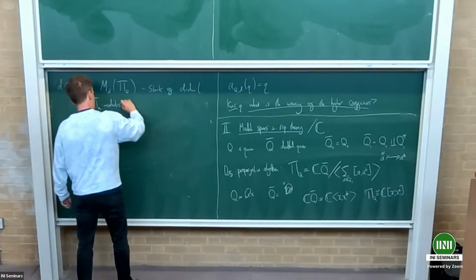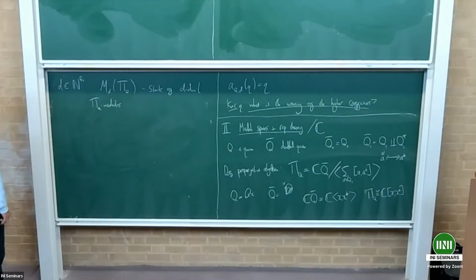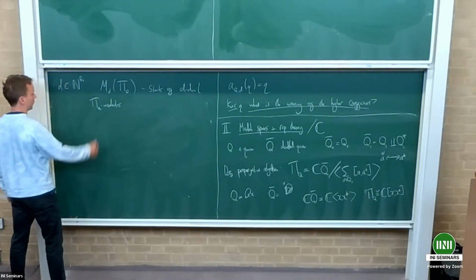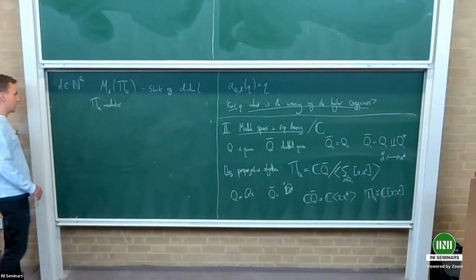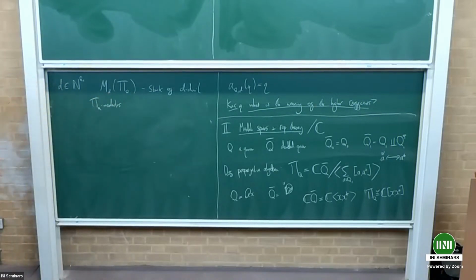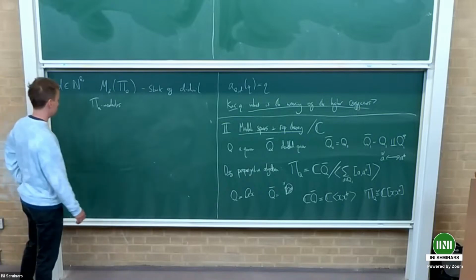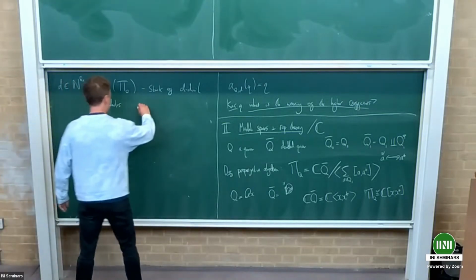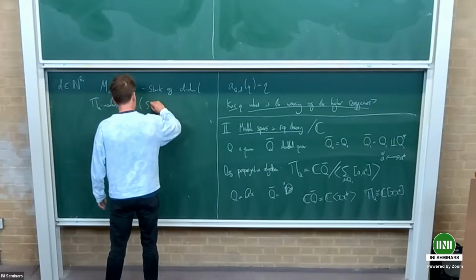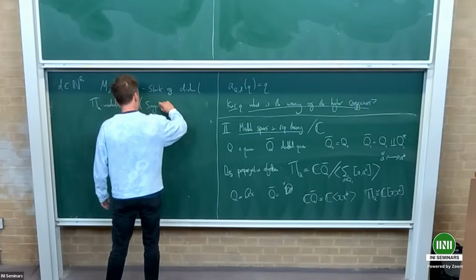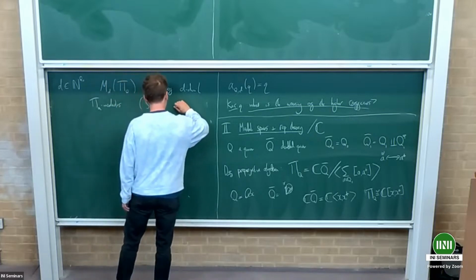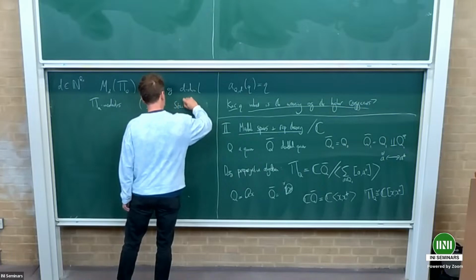So this is some stack whose isomorphism classes of points are in bijection with d-dimensional pi Q modules, and where, because it's a stack, those points come with automorphism groups, and those automorphism groups precisely give the automorphisms of the corresponding module. So what can I say about this? It's singular in general and a stack.